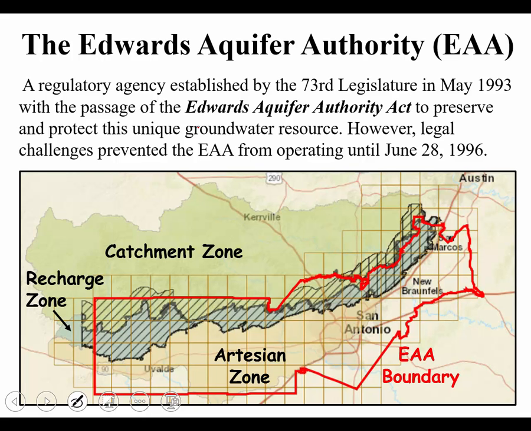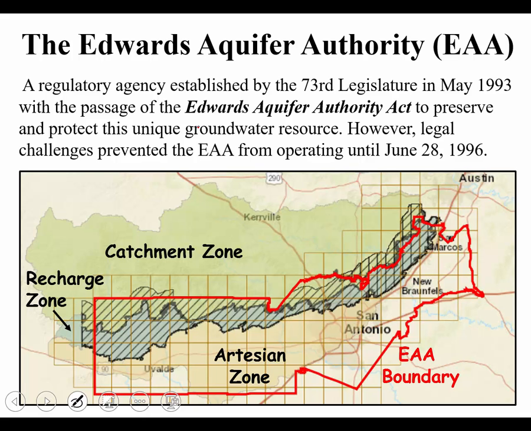And so one of the things that's happening is that San Antonio is being requested very strongly to get off of groundwater, or at least reduce their reliance on groundwater. Now remember, that's exactly what happened in Houston, for different reasons.